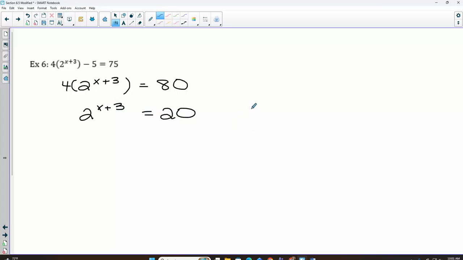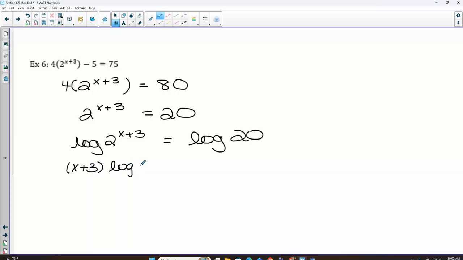I can't get a common base. 20 is not 2 to some power, so then what? We add a log to both sides. Exponent comes down. Be careful. That x plus 3, that whole thing is coming down. So that whole thing is multiplied with log 2.